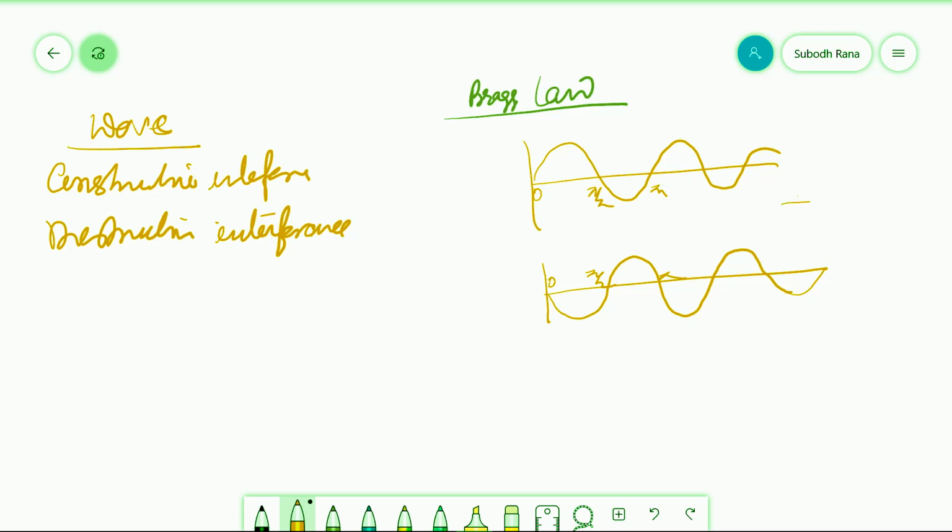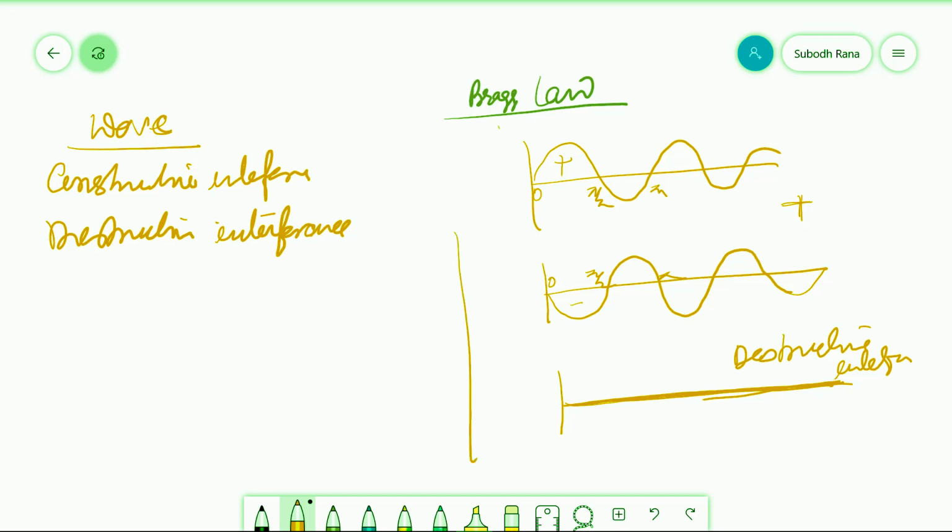If these two waves mix with each other, what will be the result? There will be no amplitude, or no wave. It will result in complete destructive interference, because here it is positive and here it is negative, so positive and negative get cancelled. This is case 1.